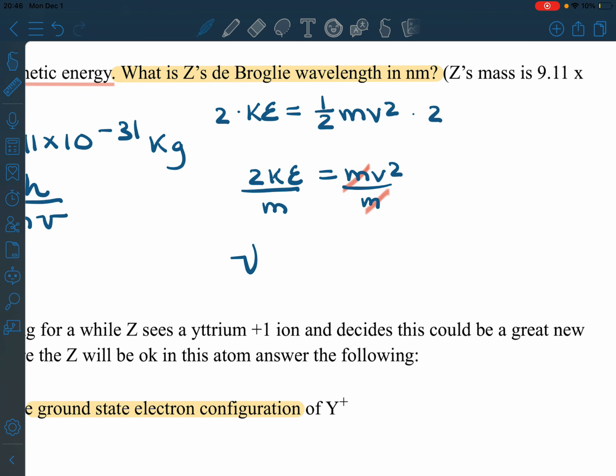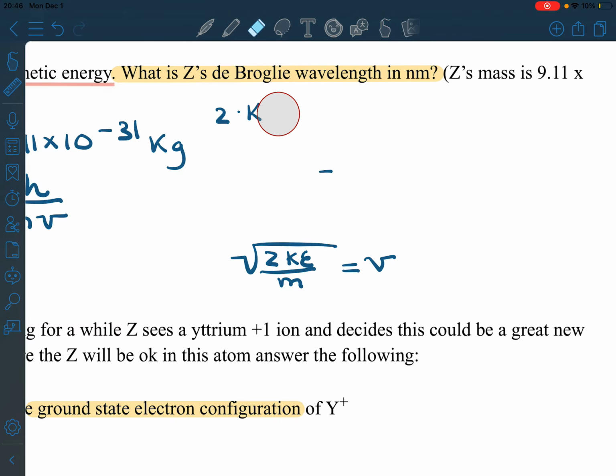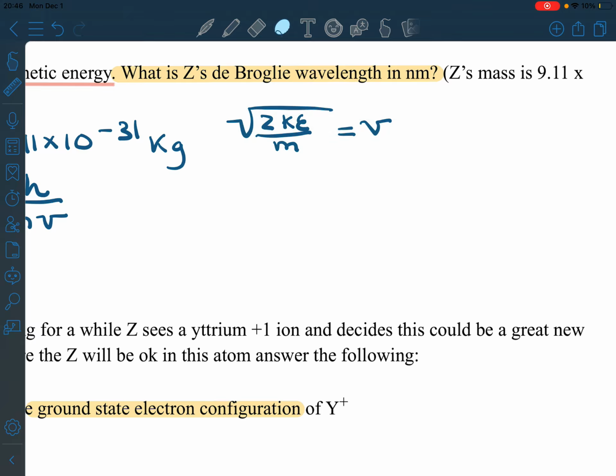I'm going to take the square root. The square root of 2KE all over my mass equals velocity. Okay, so I've rearranged it to solve for velocity, which is nice. I'll write this up. Not the neatest, but you get the point.